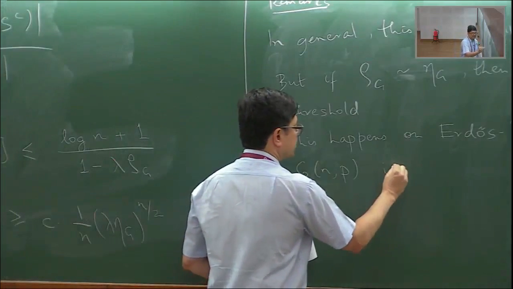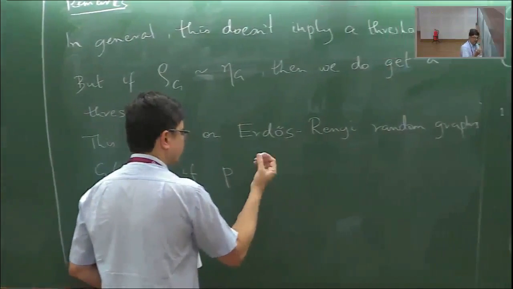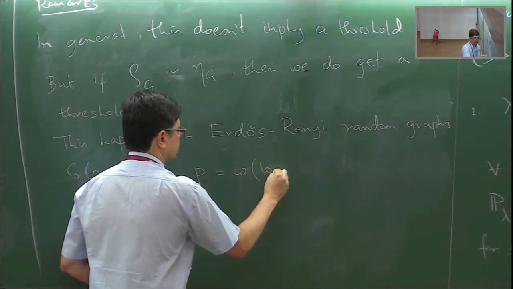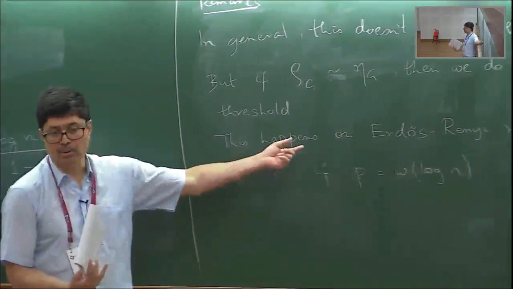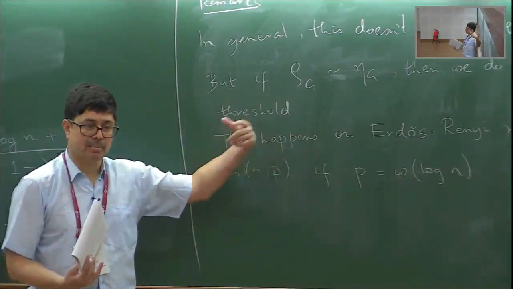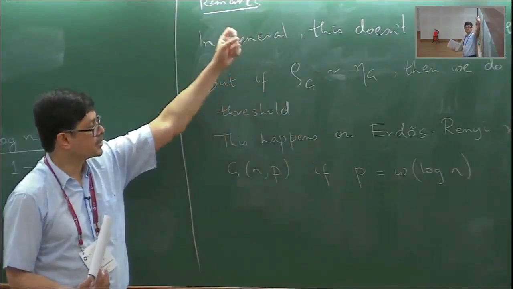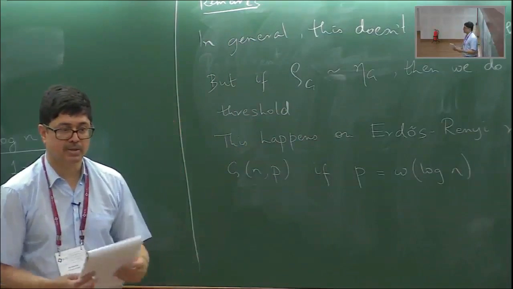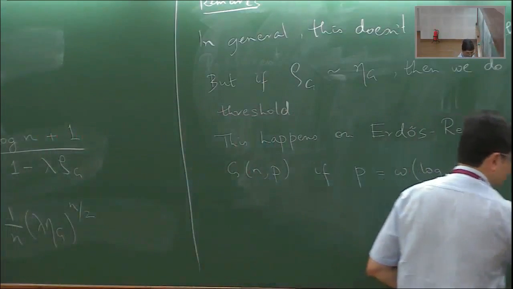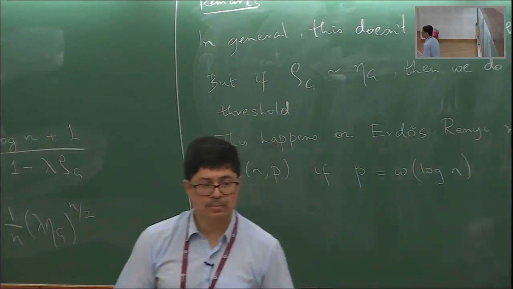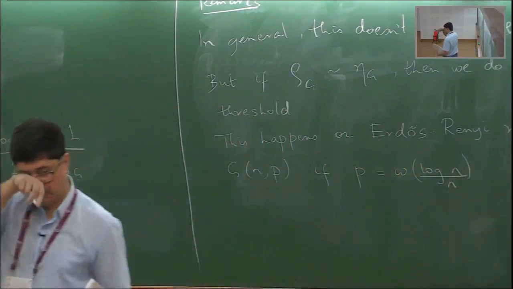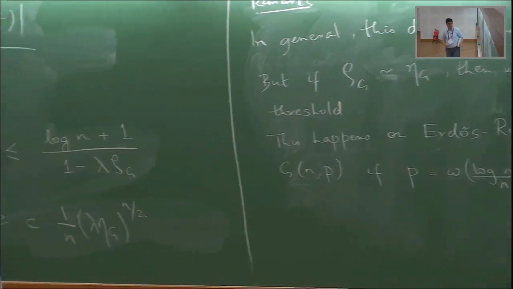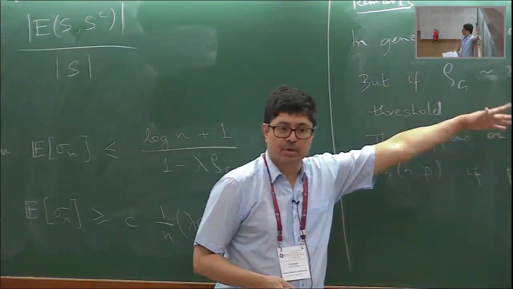It happens here if p is much bigger than log n by n, if p grows faster than log n by n. This condition basically says that all the degrees concentrate around their mean value, and so that mean degree is both the spectral radius and the isoperimetric constant. So you are well inside the fully connected regime.